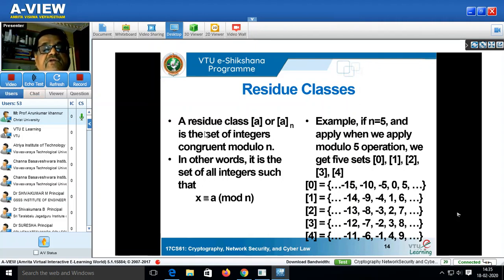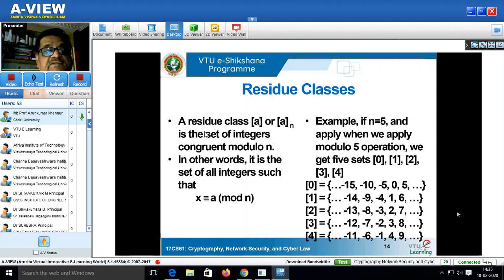So, residue classes. A residue class, represented within square brackets as [a] or [a]n, is a set of integers congruent modulo n. Means we take a specific number, and on that we carry out a modulo n operation.